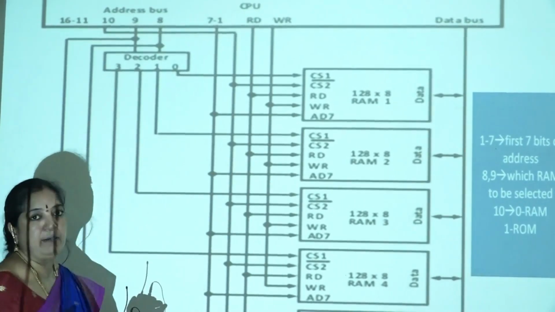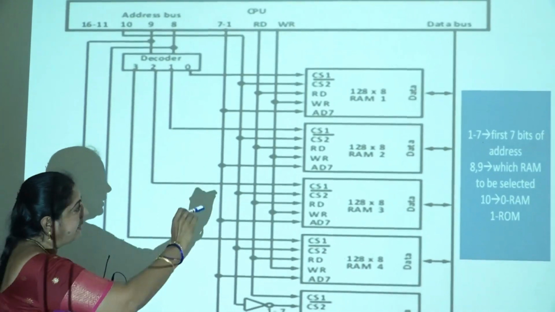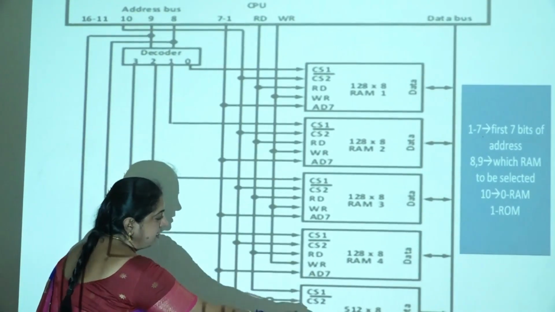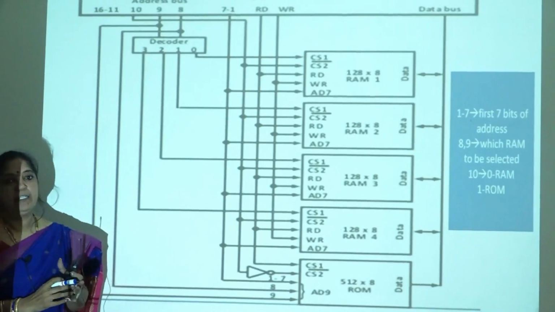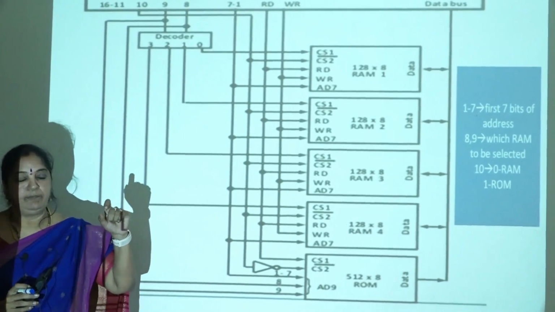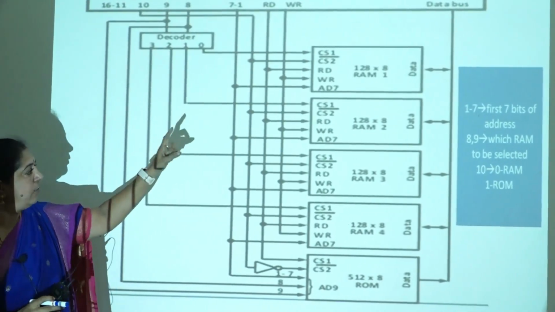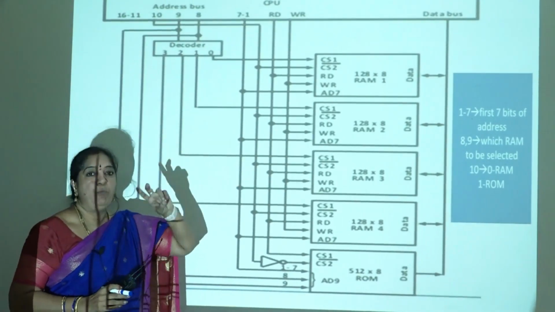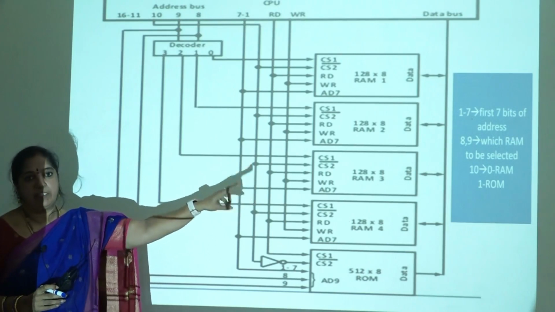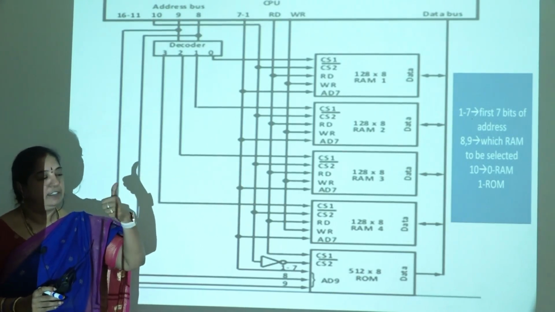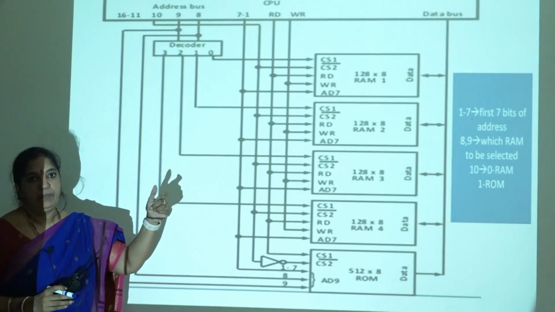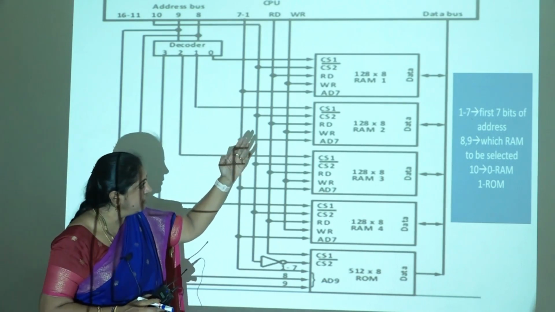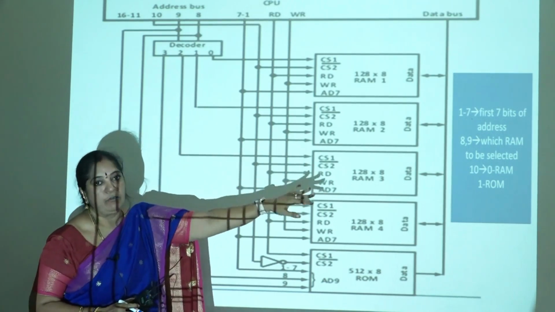First we have the data bus. The data bus is connected to all the RAMs as well as the ROM. Based on some decision we select one of the RAMs. If we select a RAM, it is connected to the data bus both ways, because we can either write or read. That means data should be sent from RAM to the bus and from the bus to RAM.